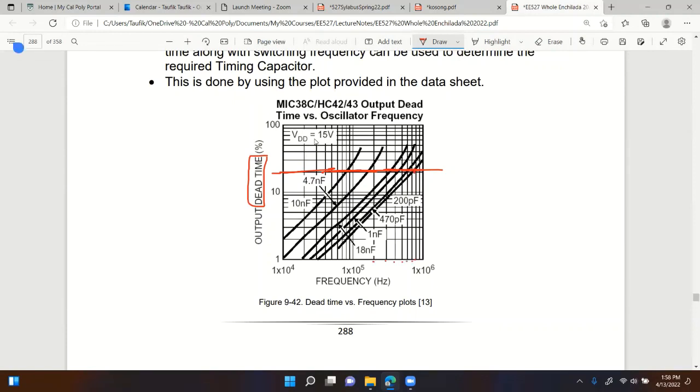Right there. What is that? Oh, wait, am I wrong? Oh, 80 kilohertz is right here. It's 10 kilo, my bad. 10, 20, 30, 40, 50, 60, 70, 80. Right there.